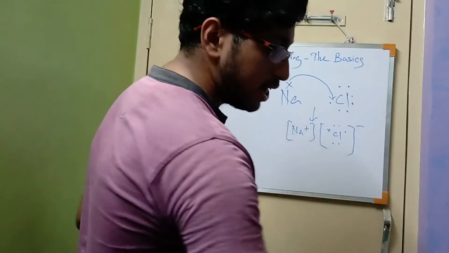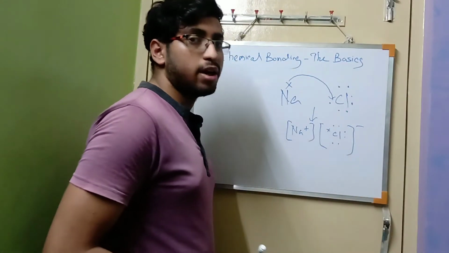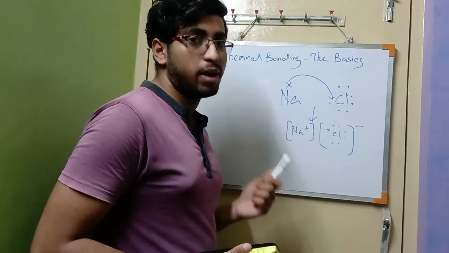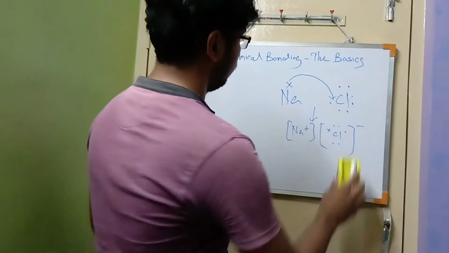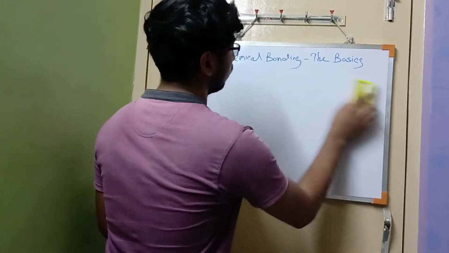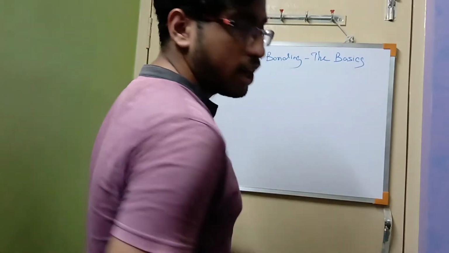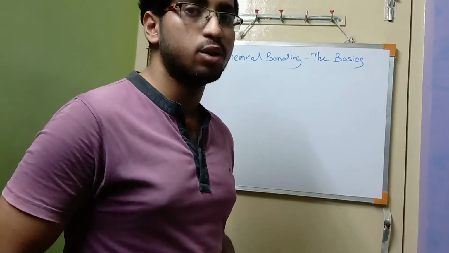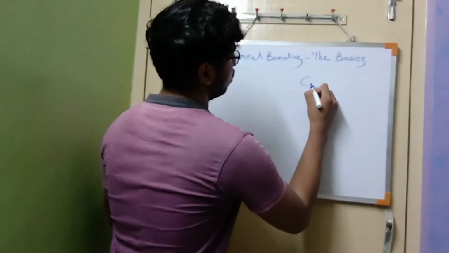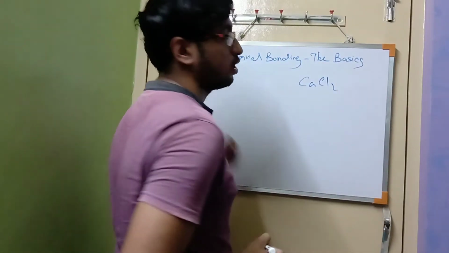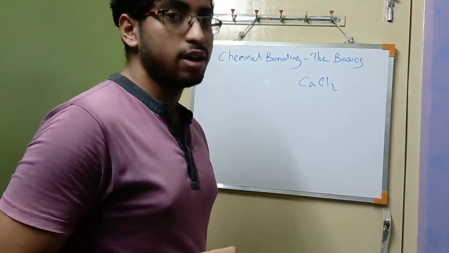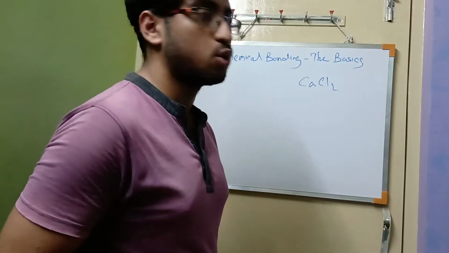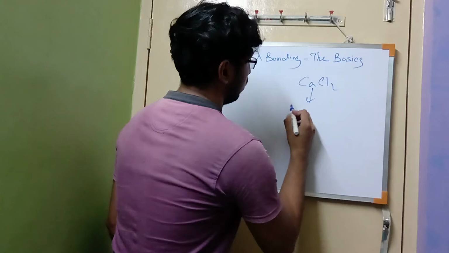Now move to the second example of ionic bond. What happens if the metal ion has a valency of 2? We can take the example of CaCl2, calcium chloride. Calcium has 2 outside electrons.